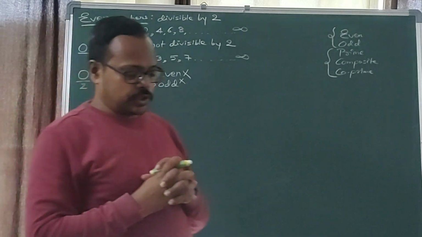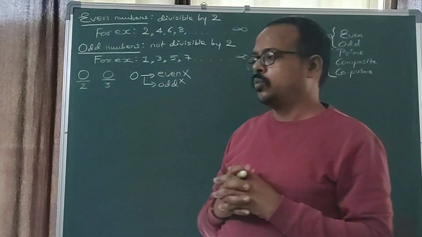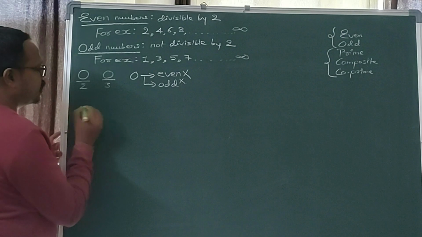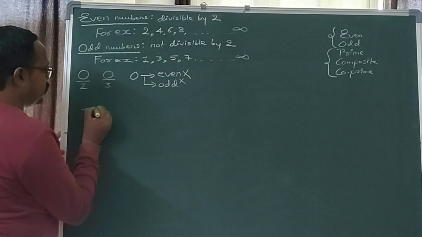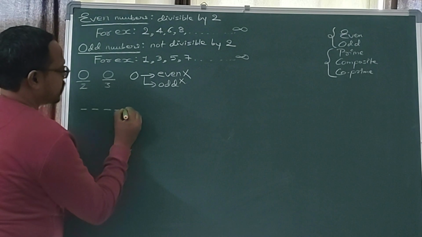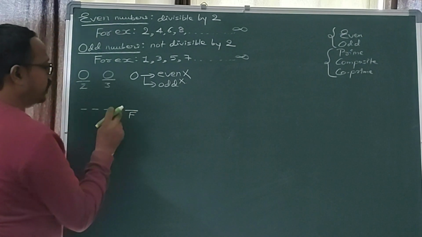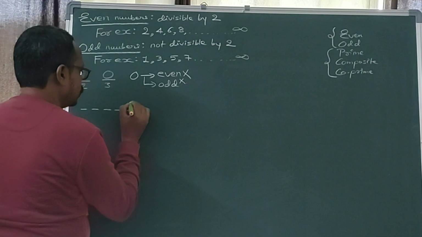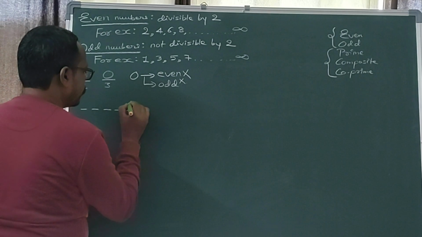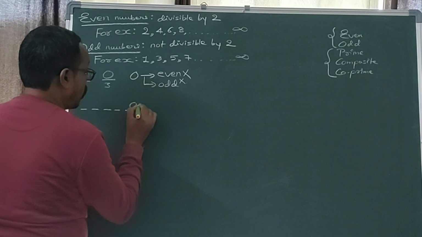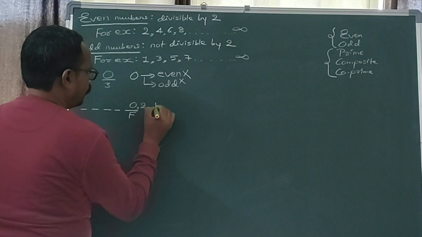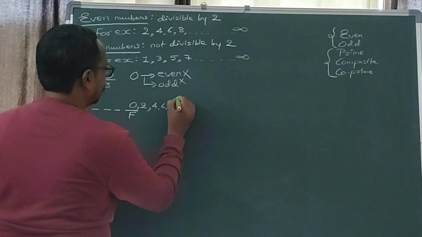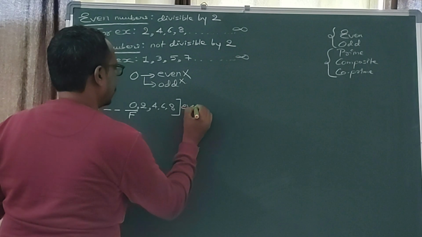So what are the numbers which are even? How to check that? We will check the first place. Suppose this is a number, and this is the first place of the number. If it is occupied by 0, 2, 4, 6 or 8, then it is called an even number.